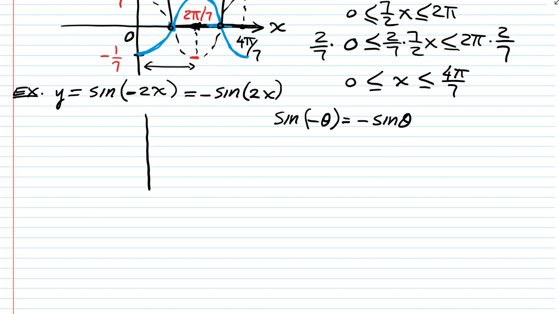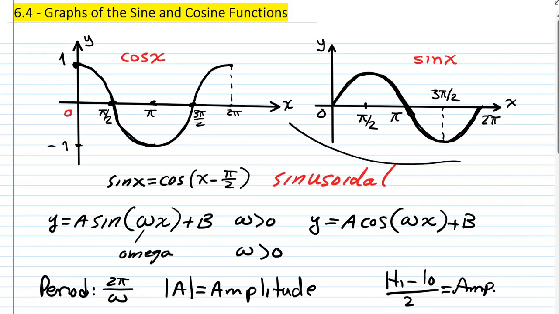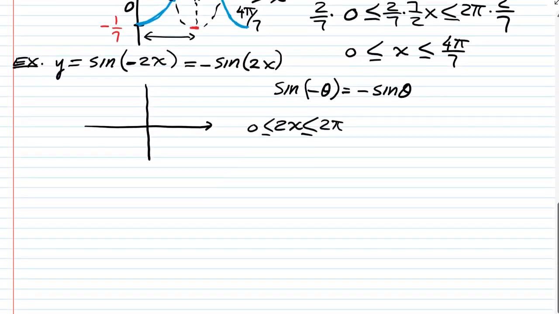All right, so let's do actual sine of 2x now. Like before, for the graph of sine, I'm going to set 2x, what's in parentheses, between 0 and 2 pi, where I got one complete graph of sine, this graph. So I want to know where's my starting point and where's my ending point now. Okay.